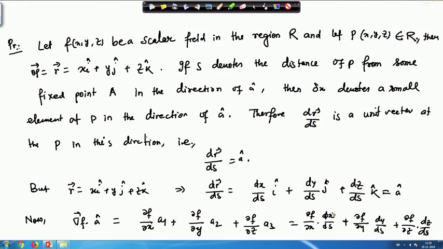Since dx and del x are small elements, we can cancel them. So then this will be del f del s, del f del s, and this one again will be del f del s.